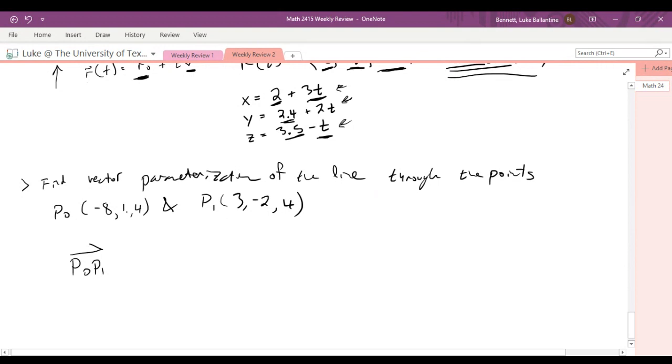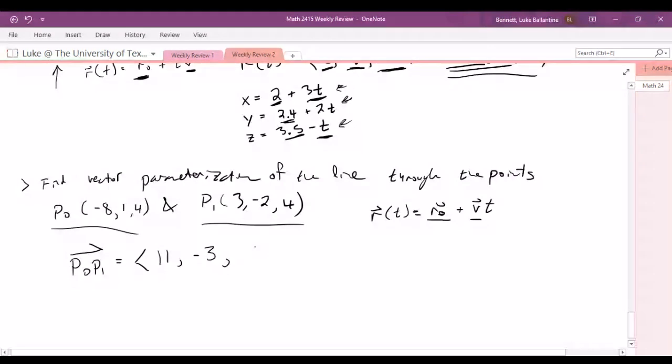And then we can pick either P naught or P1 for the point passing through, because remember our vector equation is r of t equals r naught plus vt. So we can pick either point, and for v, we have P naught P1. Calculating vector P naught P1, we have 3 minus negative 8 is 11, negative 2 minus 1 is negative 3, 4 minus 4 is 0.